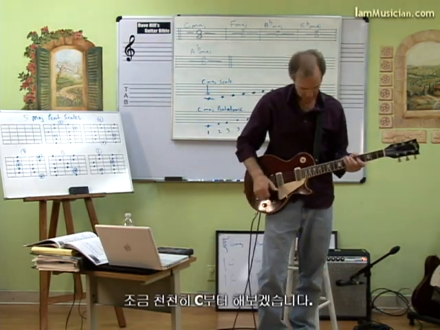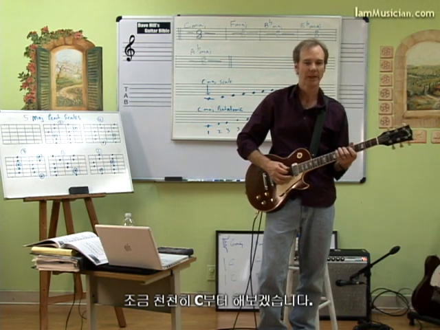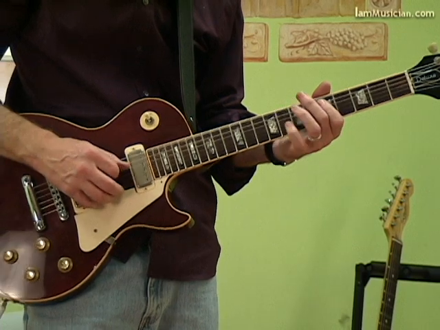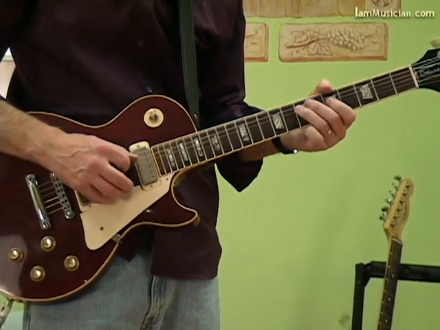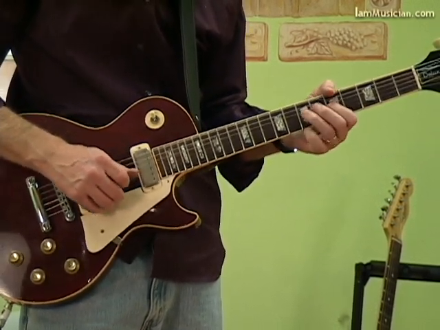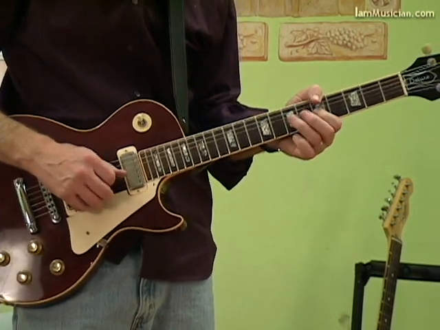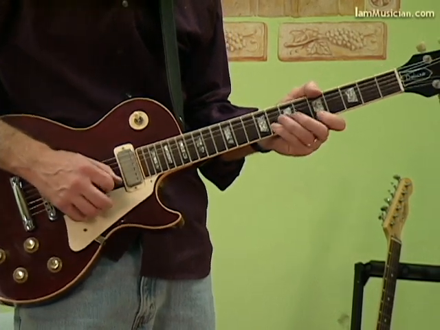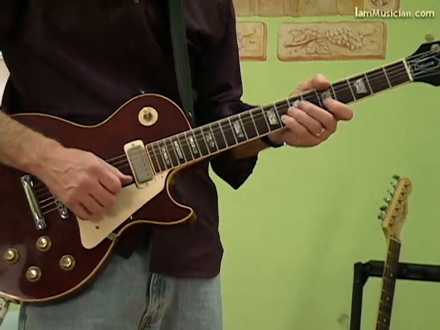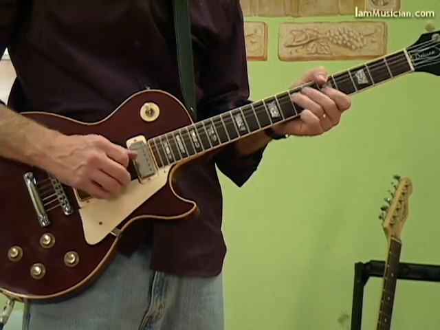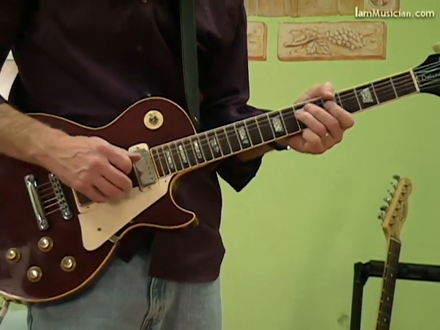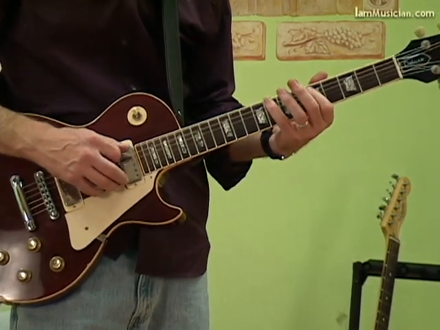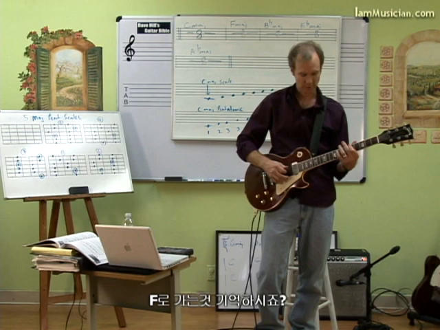So let's go over this slowly, starting from C, a group of 4 like this. 1, 2, 3, and 4, and. Back down. Now we're going to go to F, starting on the root. 3, 4.